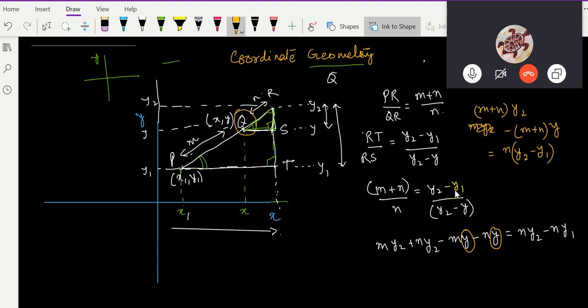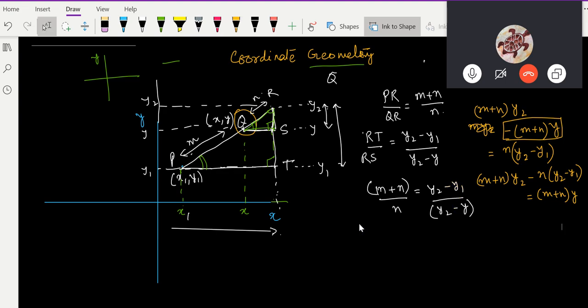So I isolate the y term, and I can simplify this by taking the y2 terms together and the y1 terms together.